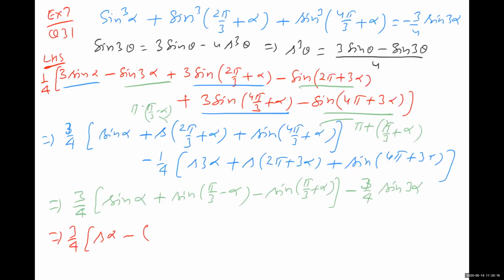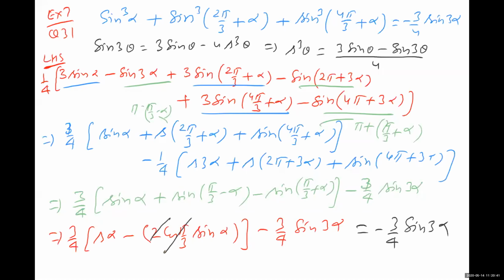Sine a plus b minus sine a minus b is 2 cos a sine b. So 2 cos pi by 3 sine alpha, or you expand them. Minus 3 upon 4 sine 3 alpha. If you observe, this will cancel out. This is 1 upon 2 and sine alpha will cancel. So this is equal to minus 3 by 4 sine 3 alpha.